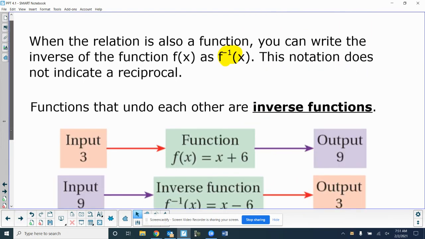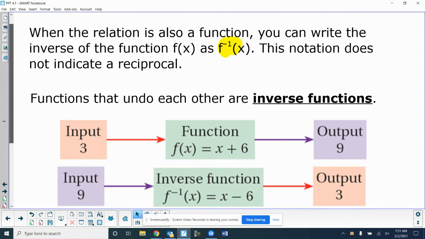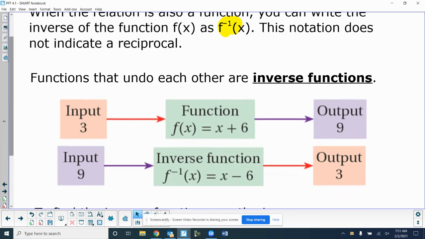When the relation is also a function, you can write the inverse of the function as f to the negative 1 power. That means inverse. Again, it does not mean reciprocal. In a function, if you put 3 in, what's 3 plus 6? You get 9.